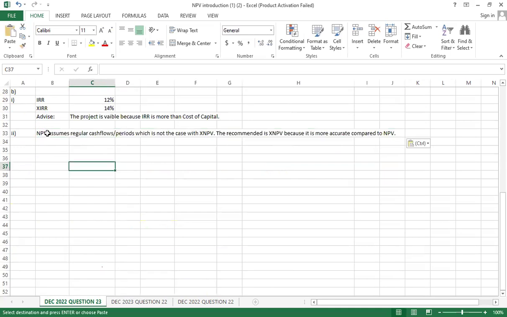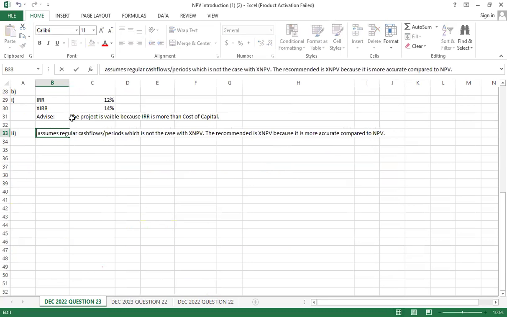Then I'll edit it. So this one should be IRR assumes regular cash flows or periods, which is not the case with XIRR. Again, the recommended is the XIRR because it is more accurate compared to the normal IRR.